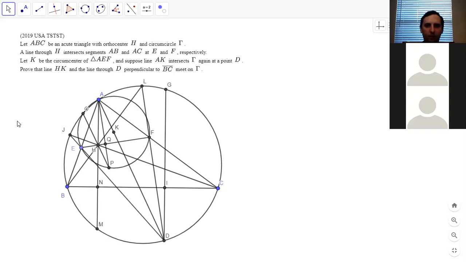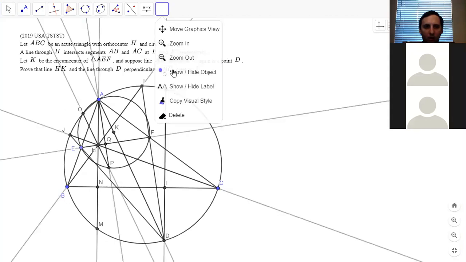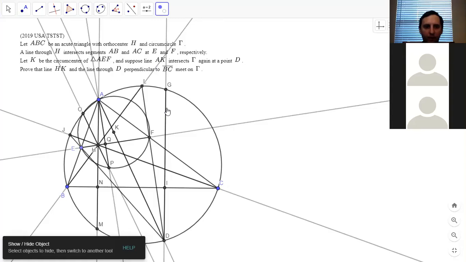Sorry, Marco. Yes. I have seen this problem before, and let me show my solution. We need to draw a lot of points and segments, and can you hide this? I think it isn't necessary. Hide what?